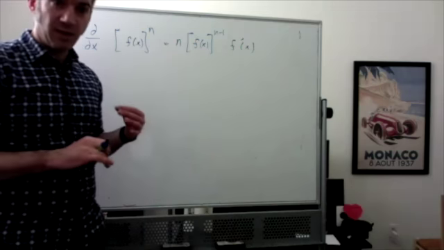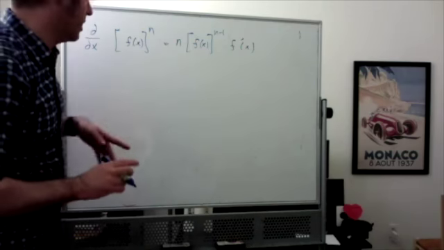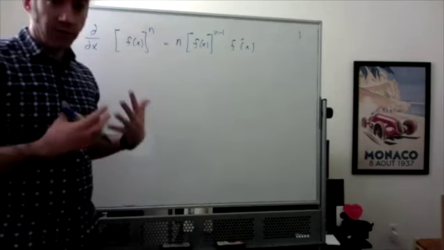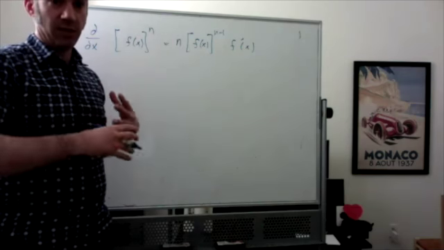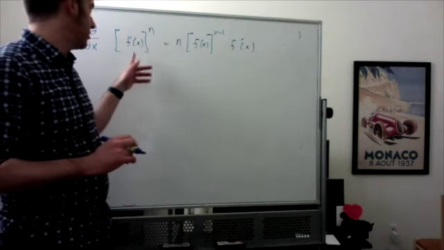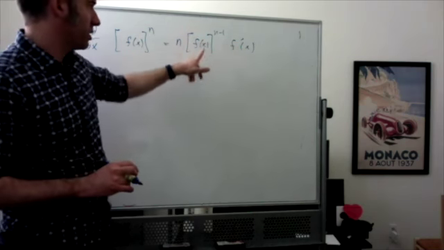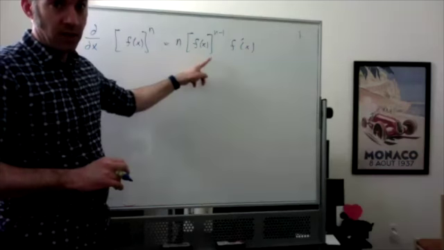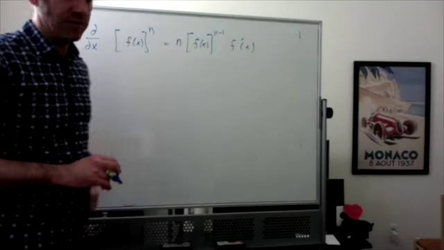The idea I want to emphasize is that you're taking the derivative of the outer function, which is being raised to the nth power, and the inner function is f of x. So it's the derivative of the outside function, leaving the insides alone, times f prime of x, the derivative of the inside.